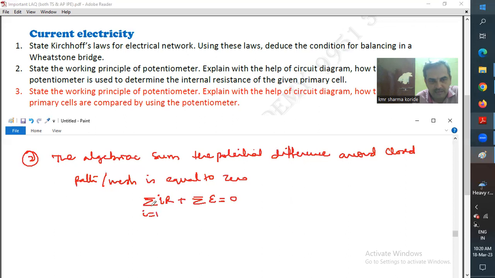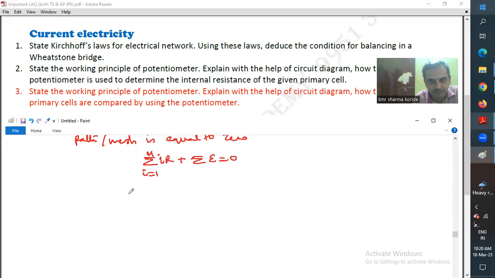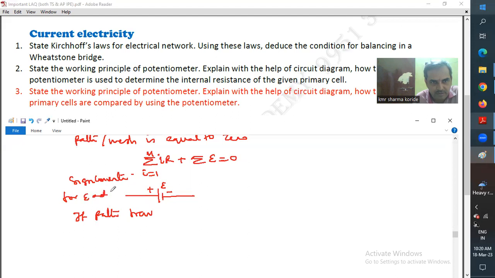Before we apply the second law to any circuit, we have to take the sign convention both for current and EMF. This is a sign convention for EMF and current.